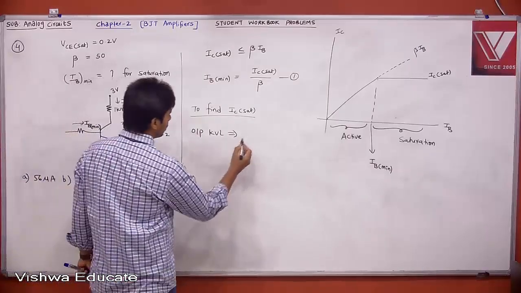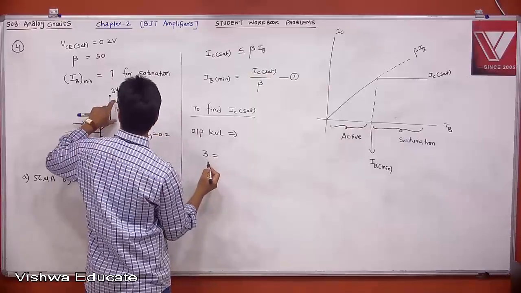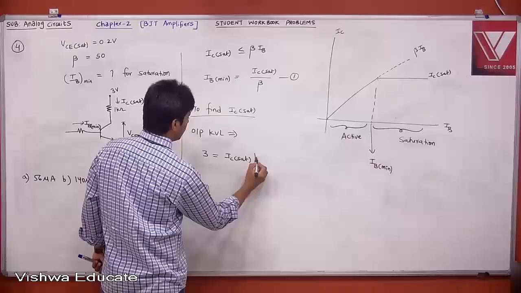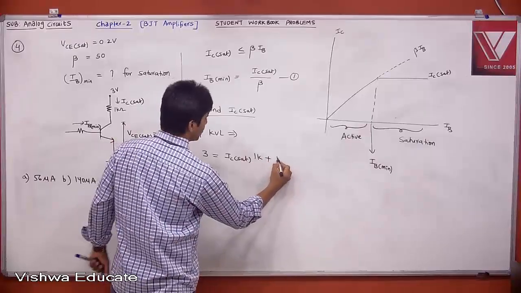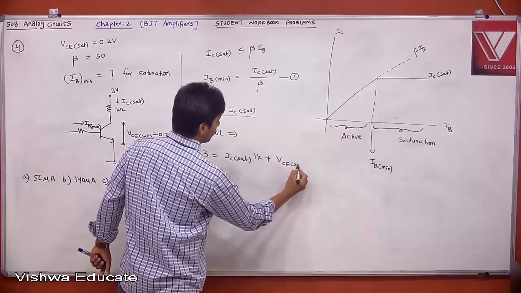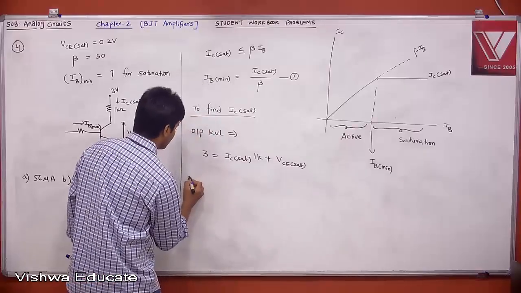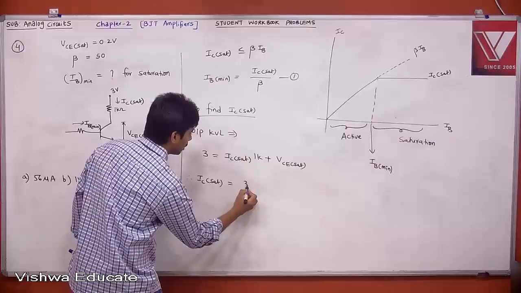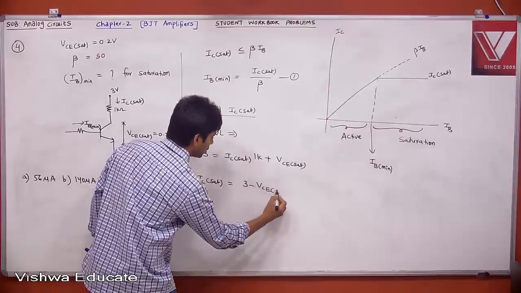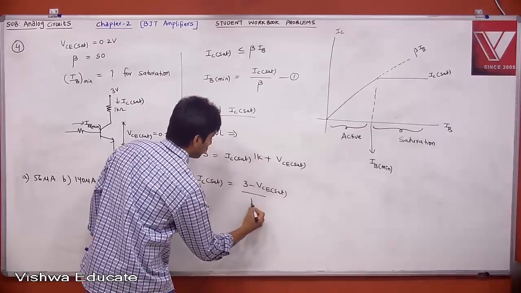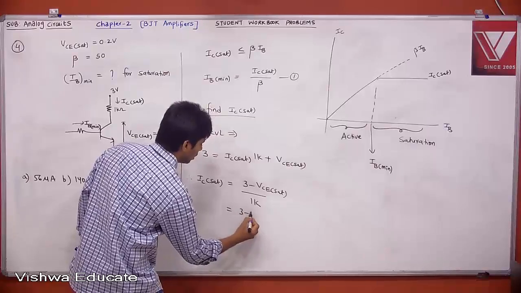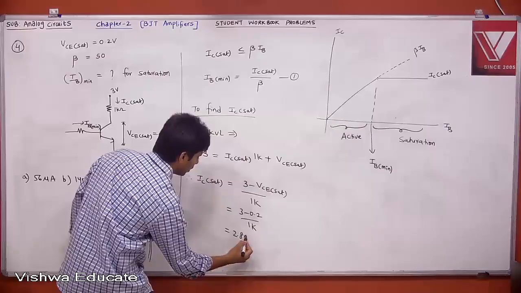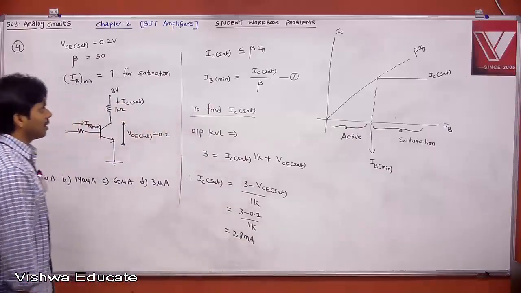Therefore 3 volt is equal to the drop across 1K, which is IC sat into 1K, plus VCE sat. Therefore IC sat is equal to 3 minus VCE sat divided by 1k, which is 3 minus 0.2 divided by 1k, which is 2.8 milliampere. This is your IC sat.